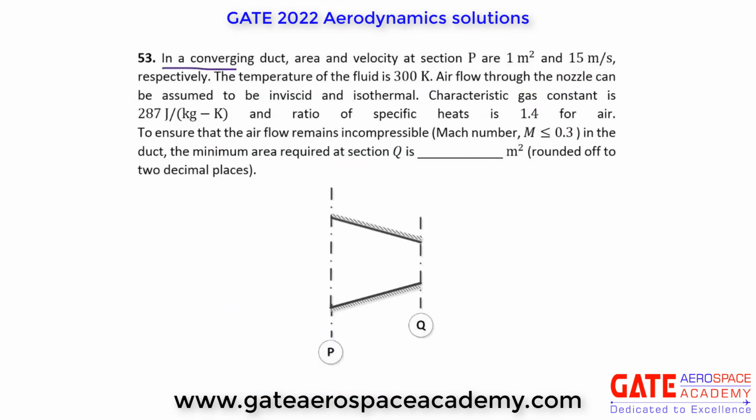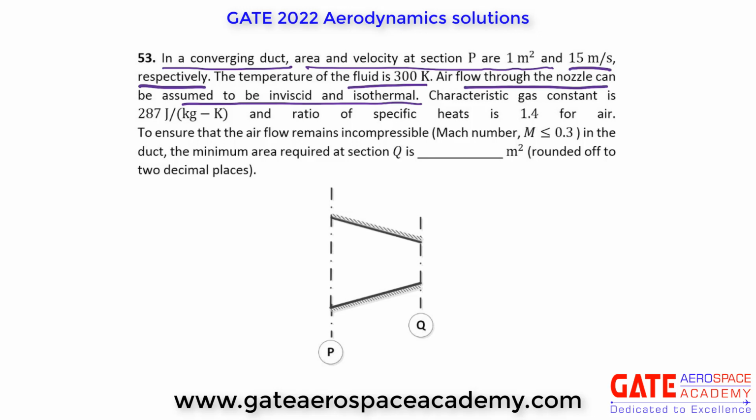Question number 53. In a converging duct, area and velocity at section P are 1 meter square and 15 meter per second respectively. The temperature of the fluid is 300 Kelvin. Air flows through the nozzle can be assumed to be inviscid and isothermal.